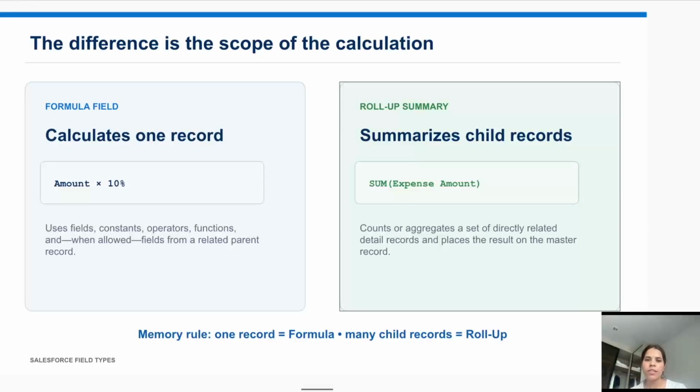This is the approach where roll-up summary fields are used. The easiest way to remember this is: a formula field calculates the value on a particular record, while a roll-up summary field summarizes all the detail records' values to its master record.